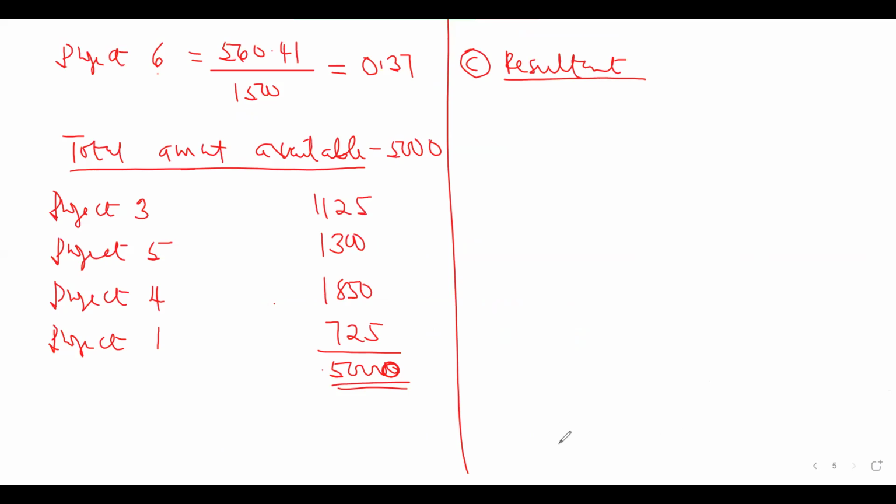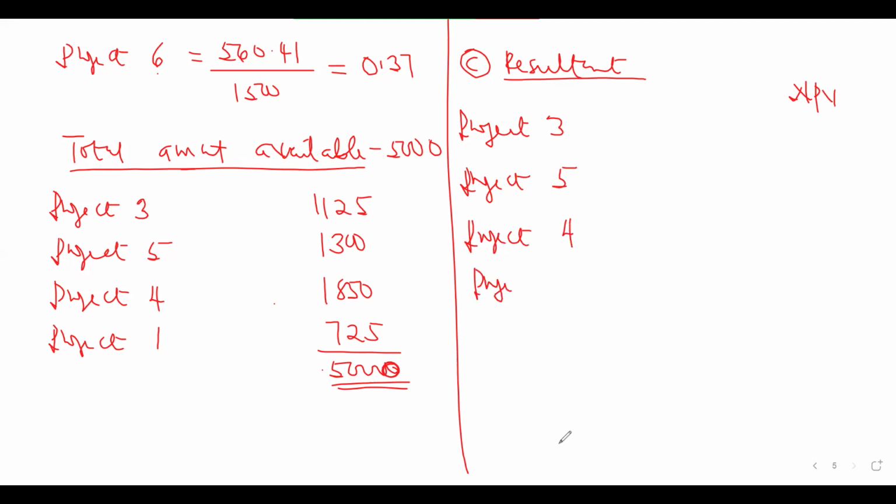So we have project 1 or project 3. What is the NPV for project 3? We are undertaking project 3 in full, so we bring it here. Project 5, we are undertaking it in full. Project 4, we are undertaking it also in full.